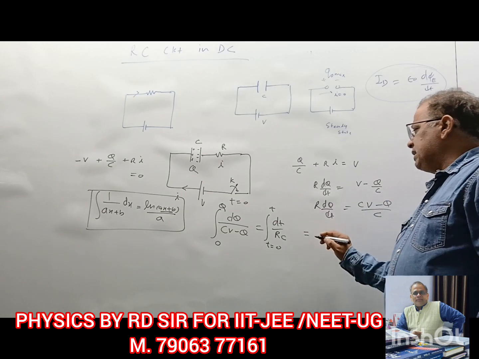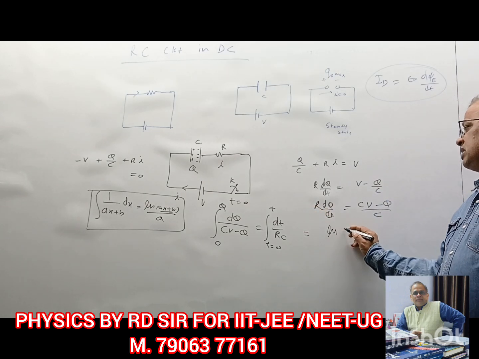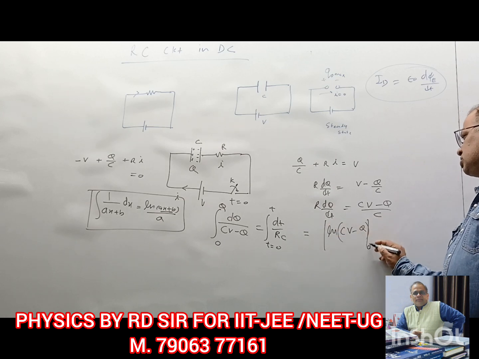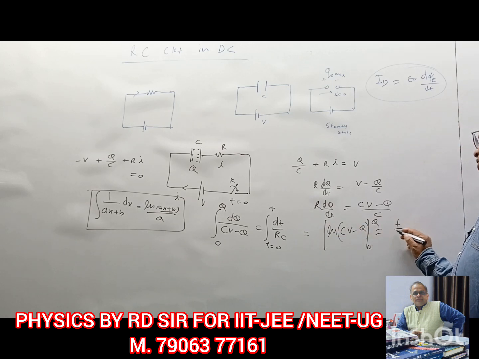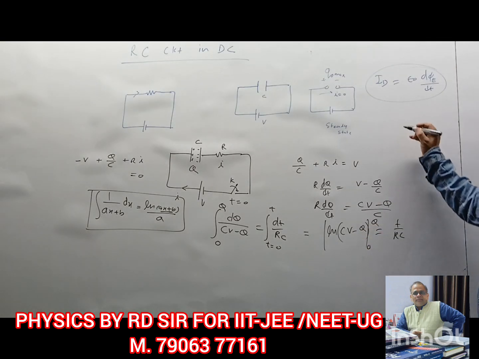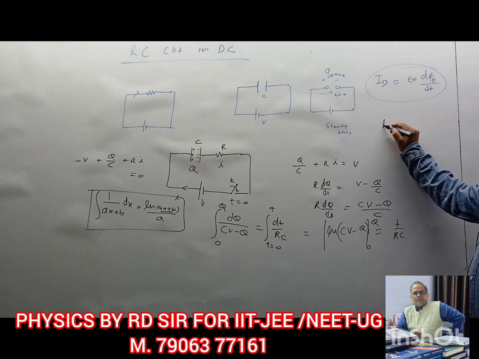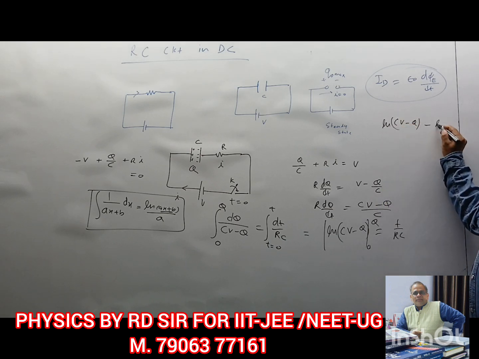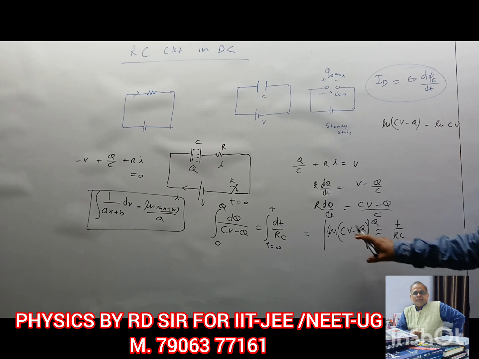So integrating both sides, we get ln of (CV minus q) with limits 0 to q, equal to t upon RC. Now putting in the upper and lower limits and solving this equation, ln (CV minus q) minus ln CV, upper limit minus lower limit, comes out to be t upon RC.